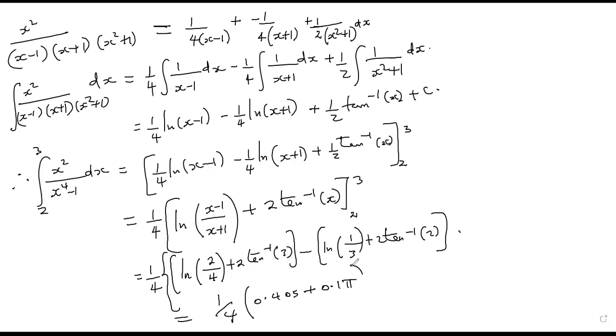It's better you put your calculator in radians, and this one will give you 0.18. Or you can just put it direct on a calculator the way it is, and then you get your answers. Get an answer here, get an answer here, multiply by a quarter. So say a quarter into what you get here plus what you get here or minus what you get there. So you get 0.18.